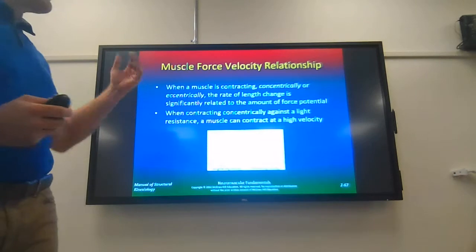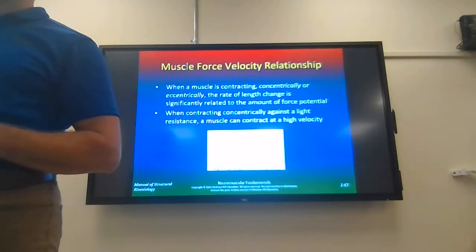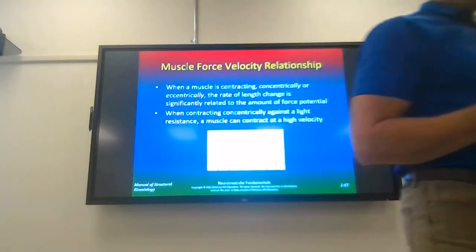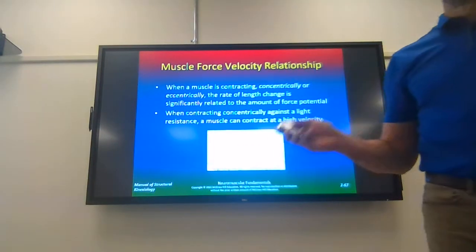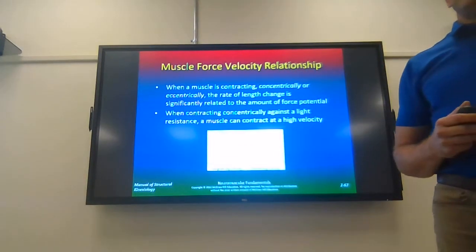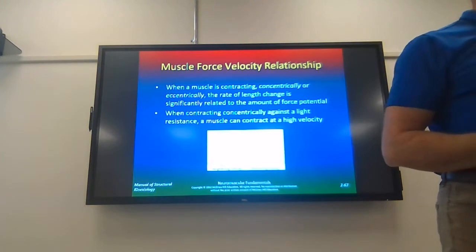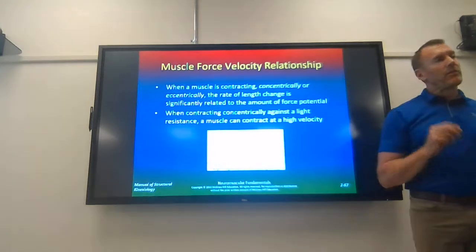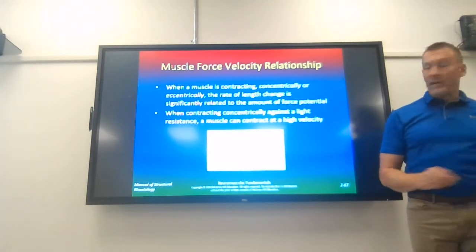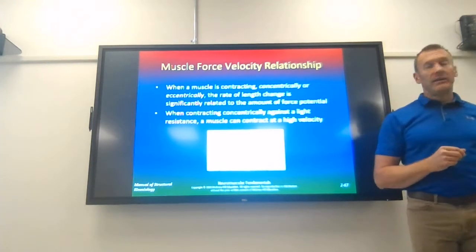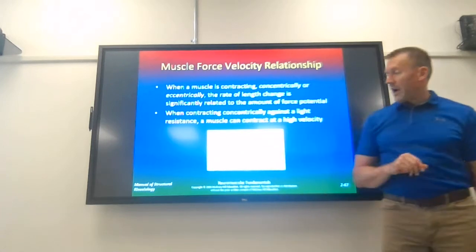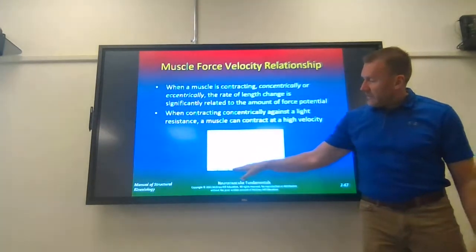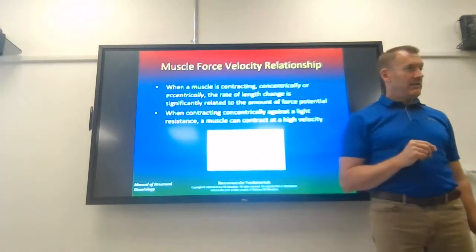The third factor has to do with velocity. Okay, so how fast is a muscle contracting when we measure force? I want you to take a look. This graph has the three muscle actions. It has a concentric side, it has an eccentric side, and on the x-axis we have increasing lengthening velocity.